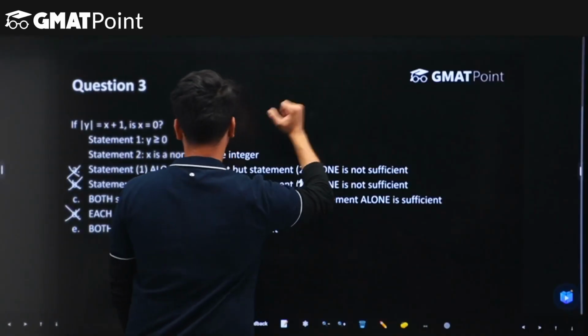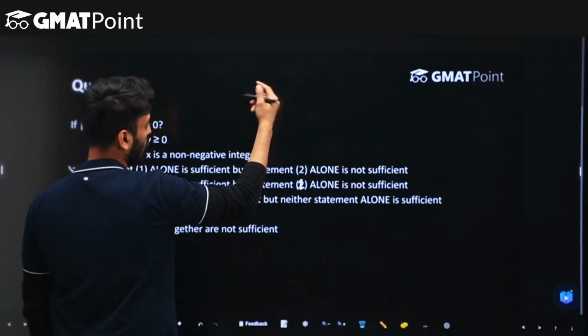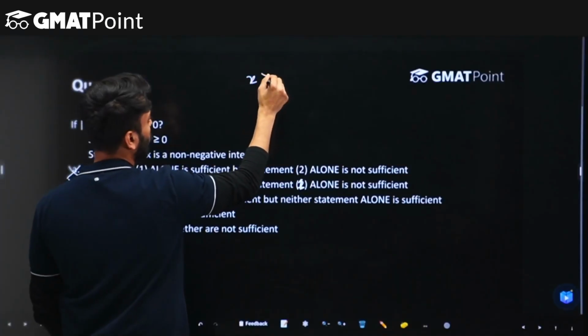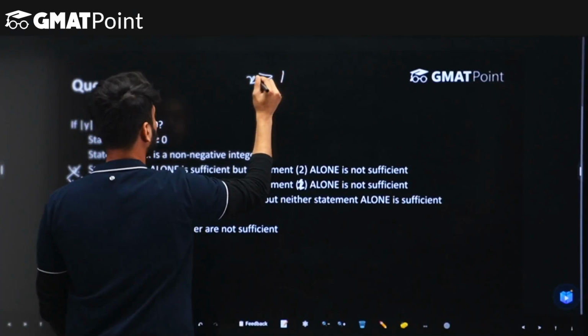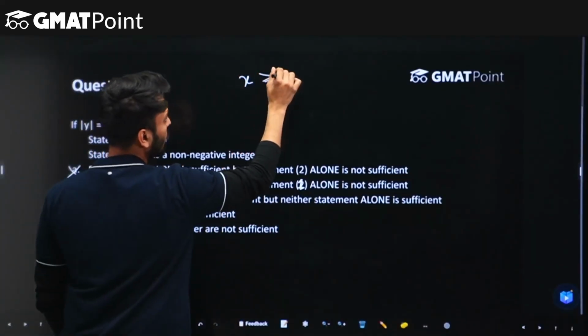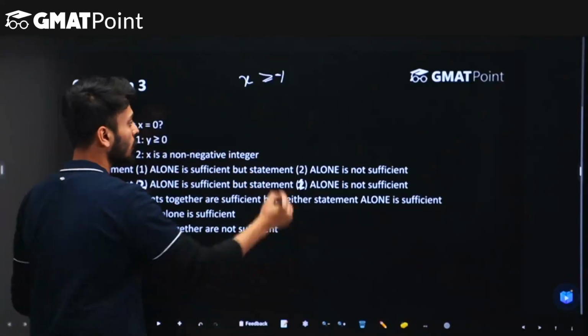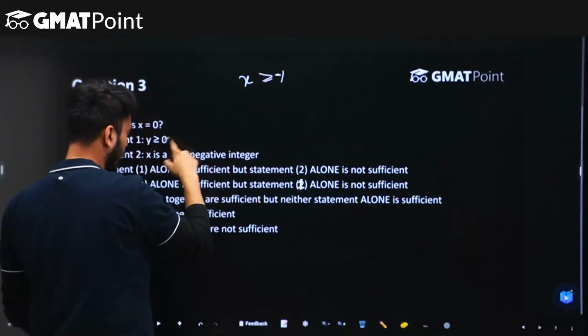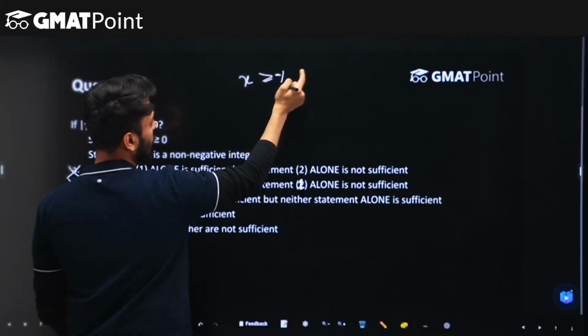Now let's look at the combination of the two. From the first statement, my possible answers were x greater than or equal to minus 1, but I did not even know whether x was an integer or not. In the second statement, x must be a non-negative integer. What are the non-negative integers that statement 1 allows?